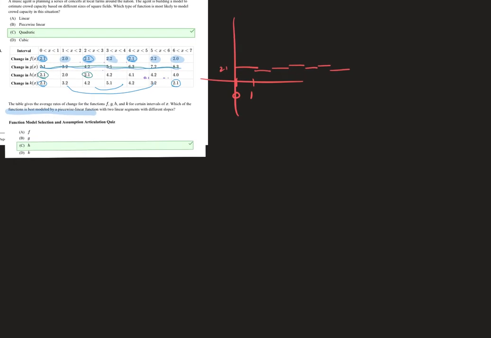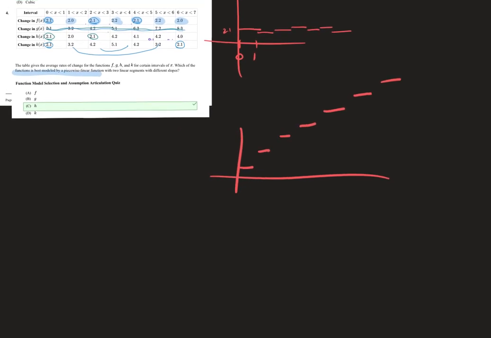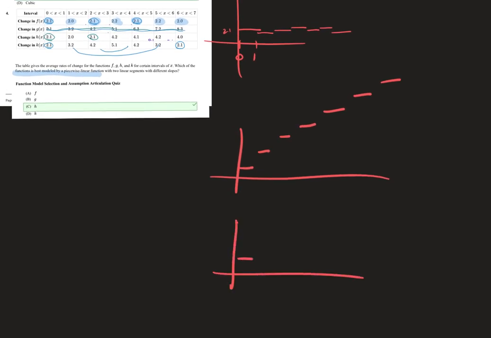If I look at the second one, it goes 2.1, 3.2, 4.2, 5.1, 6.3, 7.2, 8.3. The third one goes 2.0, 2.1, 4.2, 4.1, 4.2, 4.0.